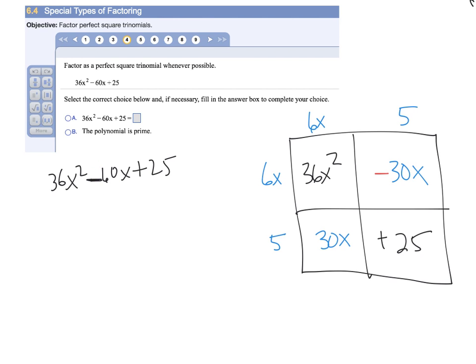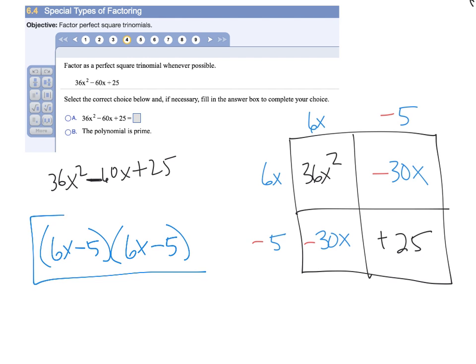So that means both of these have to be negative, making these 5's negative, and so our factors become 6x minus 5 times 6x minus 5. And there is our answer. By the way, that works because negative 5 times negative 5 is positive 25. And so everything works.